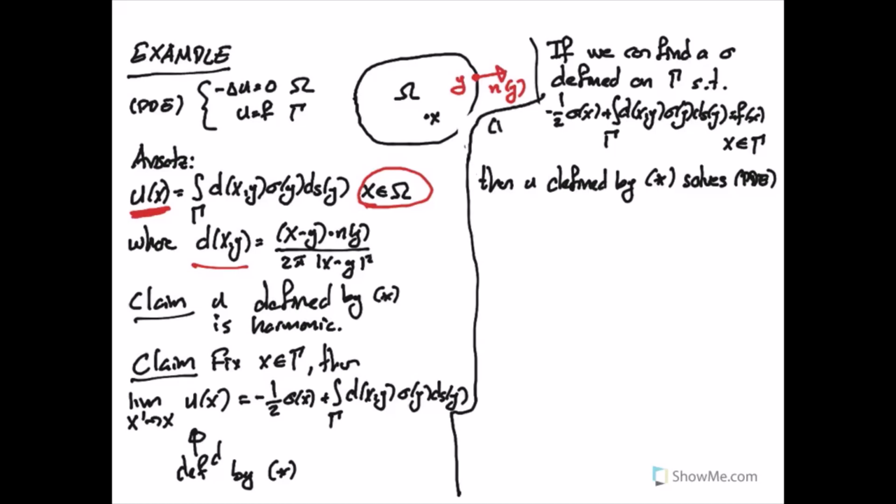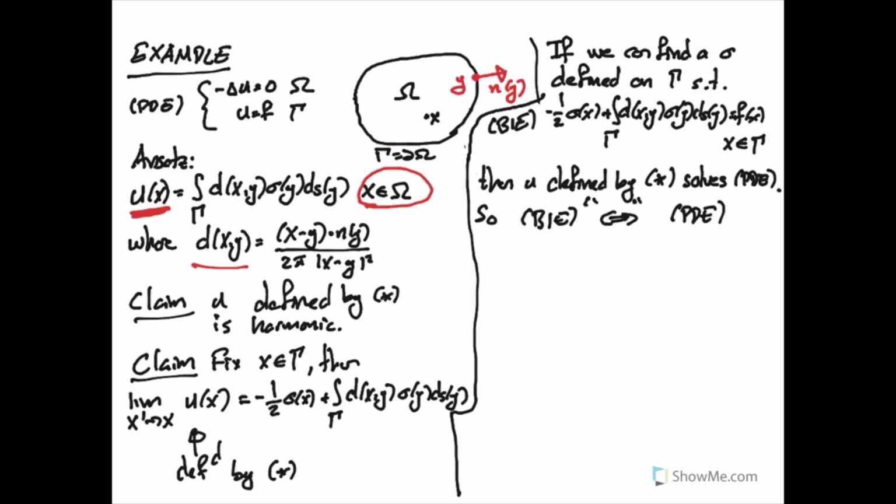So let's call this equation BIE to be consistent. And here we had gamma is the boundary. Okay, so BIE is sort of an equivalent formulation to PD.